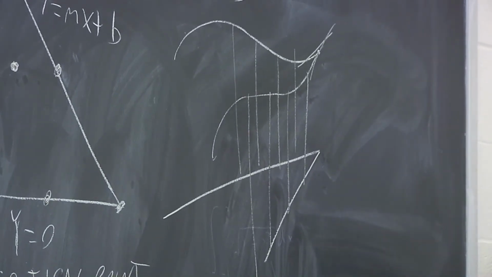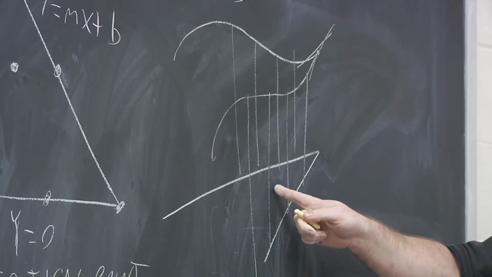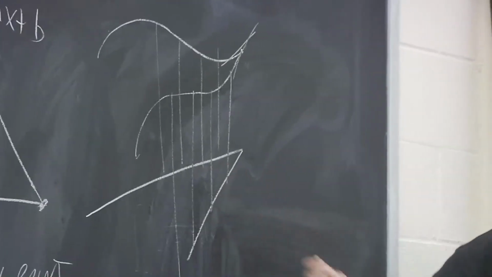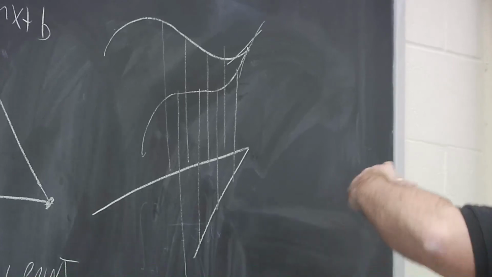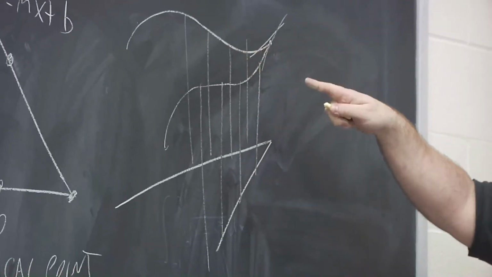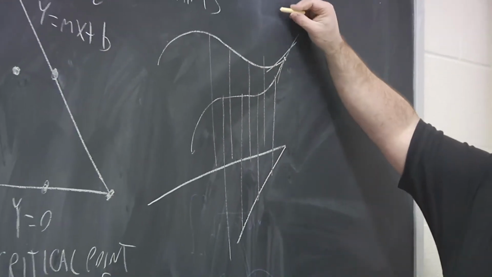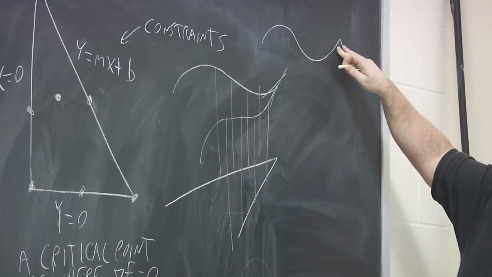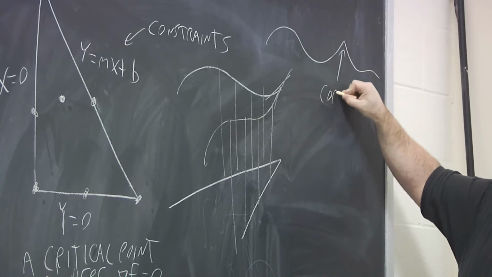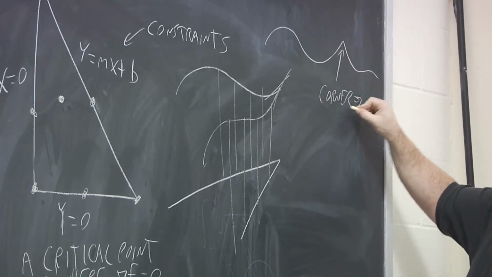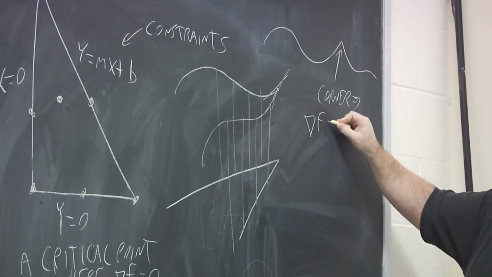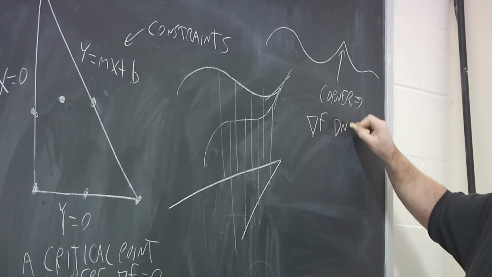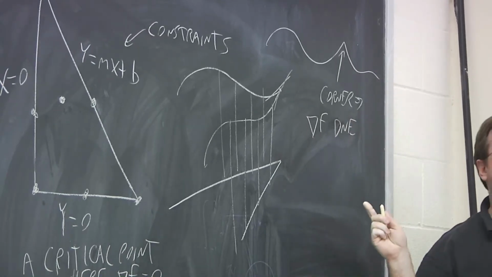So if you were to take this triangle and unfold it and look at the graph of this function, it might look something like this. It'd have a corner in its graph, which means that the gradient of f does not exist at that point.